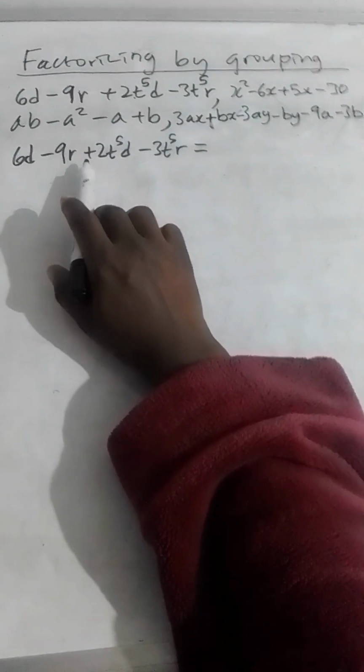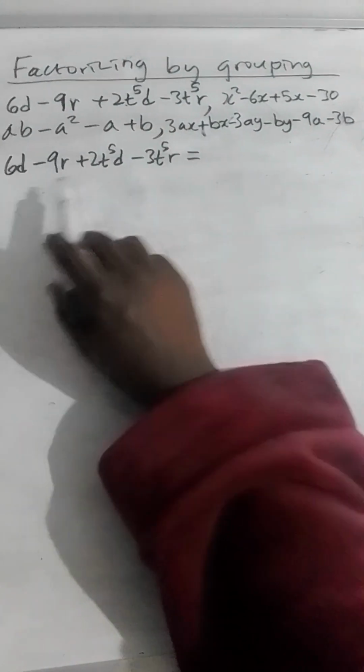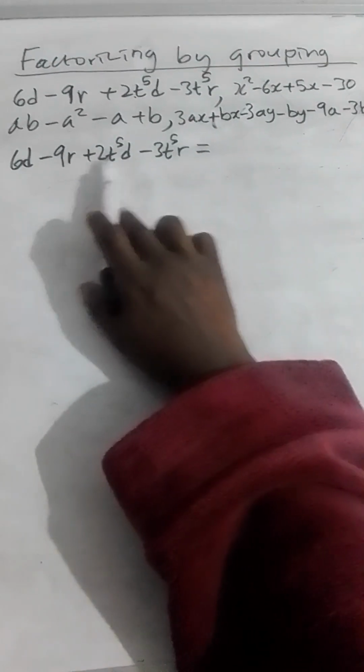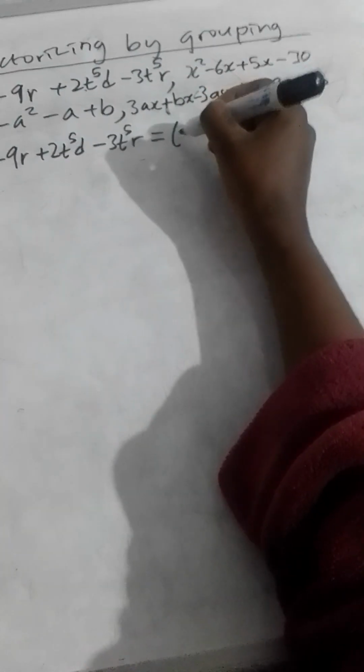But when you have 4 terms and you group in pairs, obviously, because 4 is a multiple of 2, if you just notice one pair that has common factors, then the other pair should go together as well. So the easiest one to spot in this case could have been this one. But I also noticed that here there is a common factor of 3. So I'm going to group these 2 together and these 2 together.